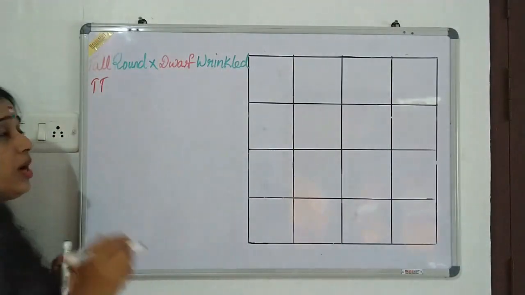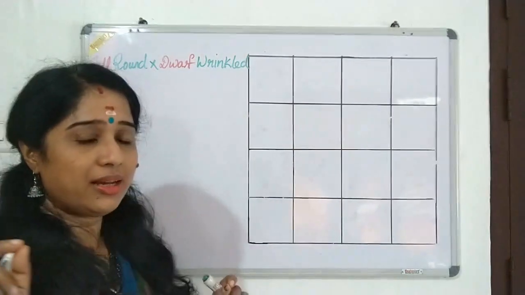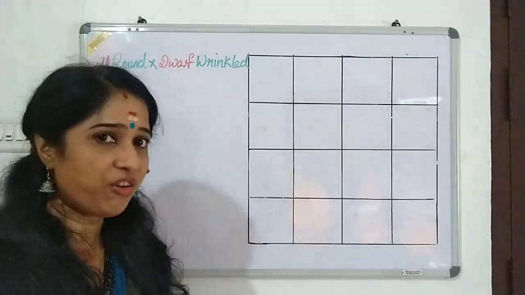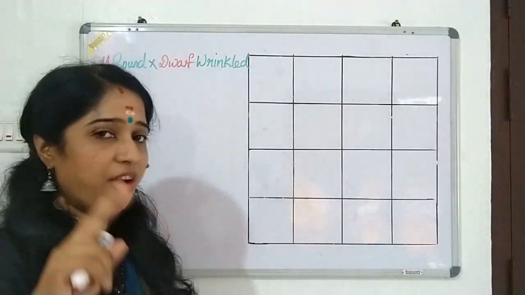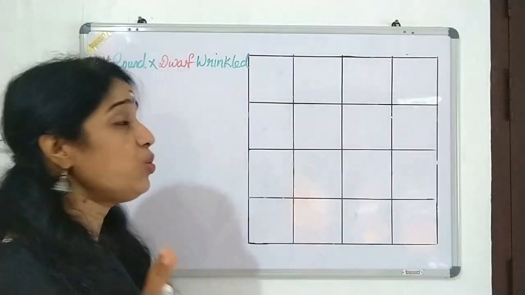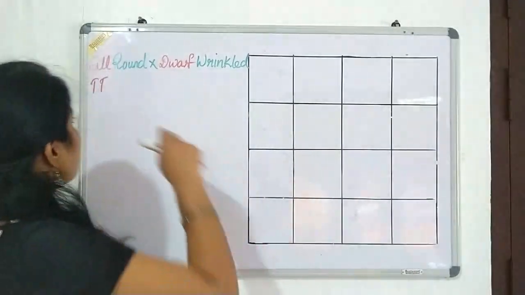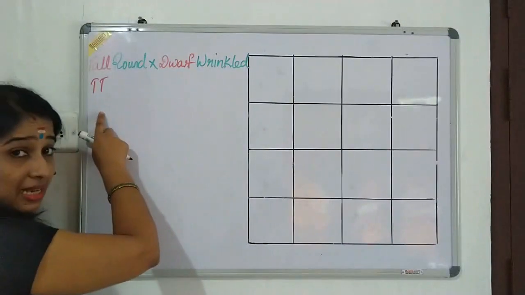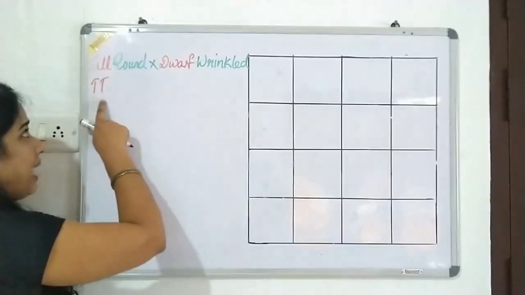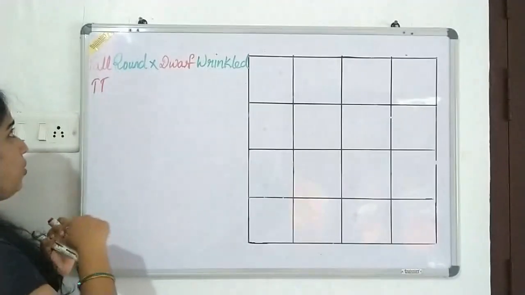As we all know, every character is controlled by how many genes or factors? Yes, 2. Every character is controlled by 2 genes or 2 factors. So here tallness, you had already seen, is controlled by 2 capital T. Then what about the round?